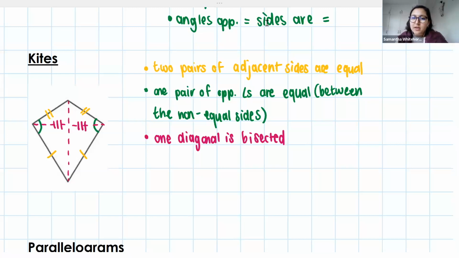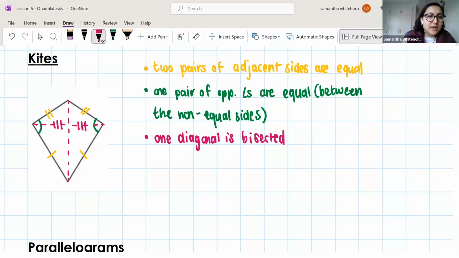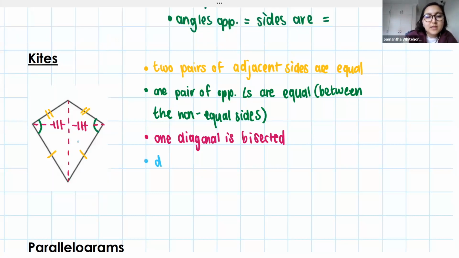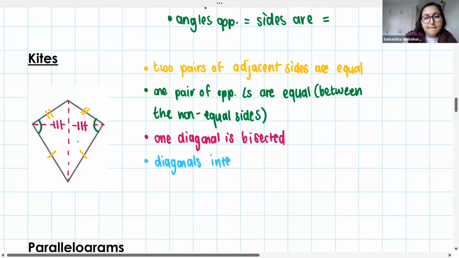We have another characteristic, and Agilwe has again said it. So another characteristic that we need to know here for our kite is the fact that the diagonals intersect at 90 degrees. And so where those diagonals meet, essentially, remember we represent that with that square.